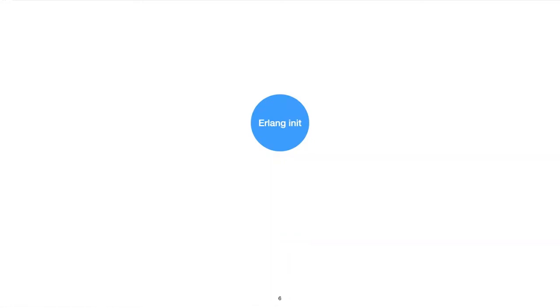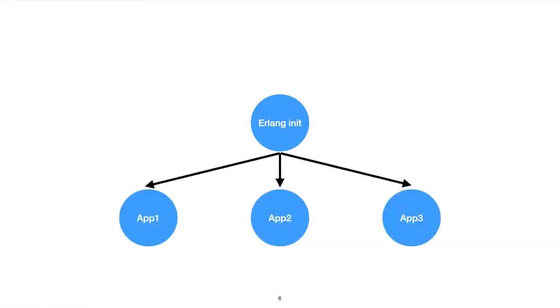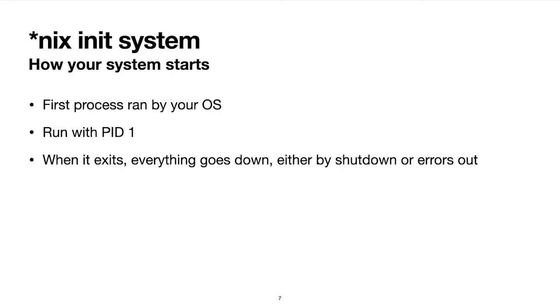The Erlang init system works like this: the first process started by the virtual machine is called init, and it starts all the applications in our system. But what is supervising our Erlang init system? It is the Unix init system, which, like I said earlier, is the first process run by your OS, with PID 1.